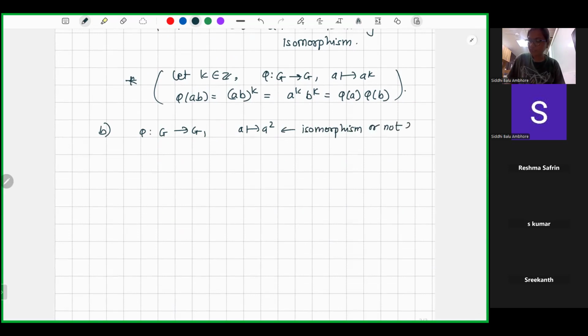Can you give me any counterexample, or is this always true? Does anyone have any idea or any counterexample which you want to suggest?